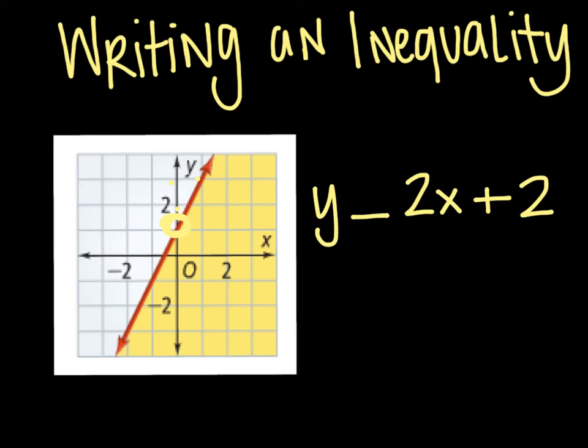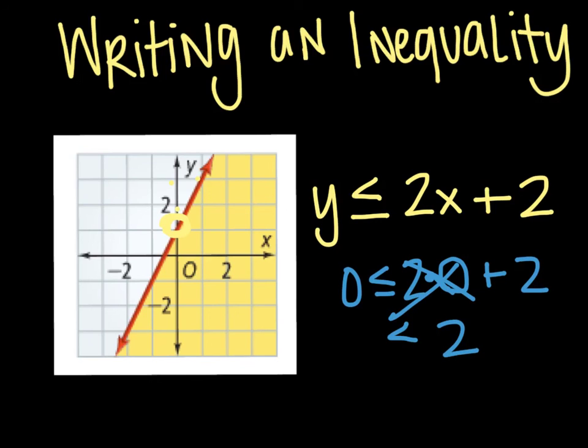Because the color is shading below, I know that the symbol is going to be a less than sign. But I can check it just to be certain. If I put in 0 for each of these values, okay, I have 2 is greater than or equal to 0. That's true, so I know that I did shade the part properly. I have the answer correct.